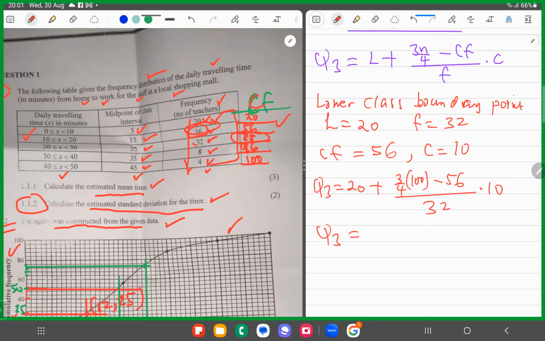So Q3 is exactly 20 plus 75 minus 56. You divide it by 32. Okay, we're just learning statistics here. Q3, 20 plus 19 over 32 times 10.